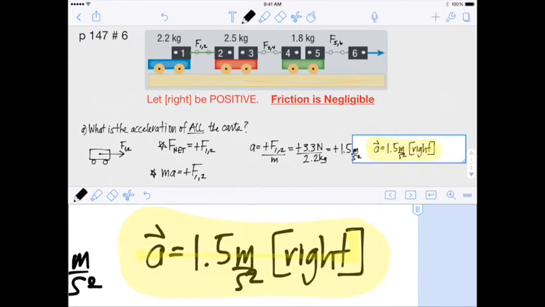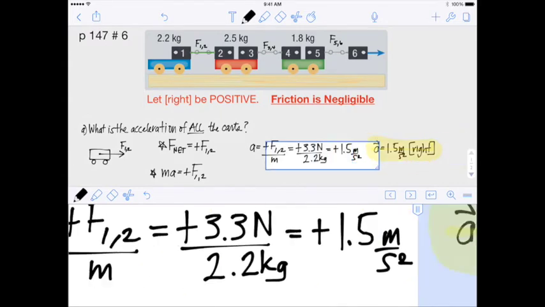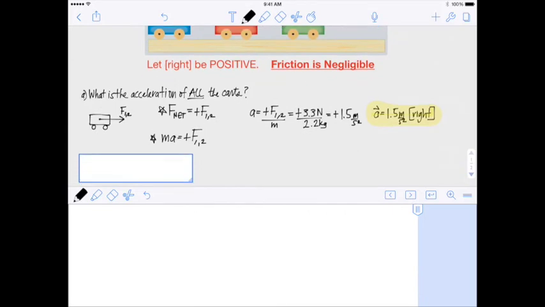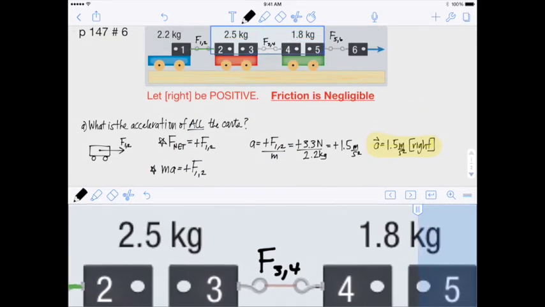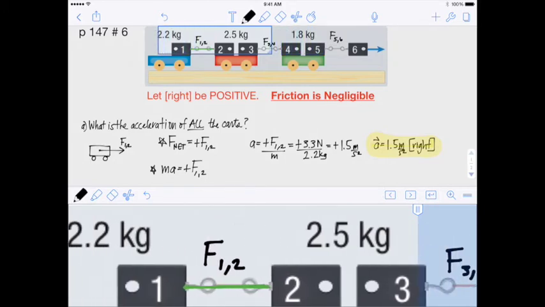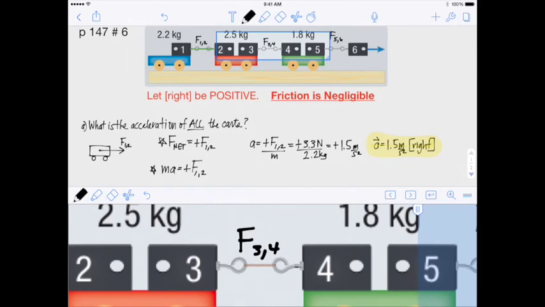In part B, the question asks us for what is the reading on each of the force sensors. So let's start with determining the force as read by sensors 3 and 4. We already know the force as read by sensors 1 and 2. That was given in the question, and it's 3.3 newtons. So let's determine the force as read by sensors 3 and 4, this force here.